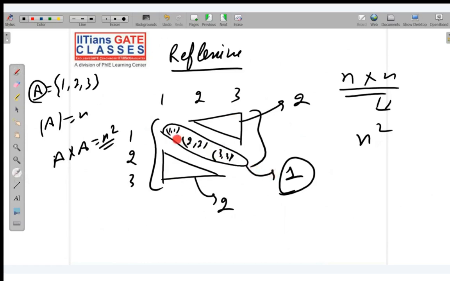These n have only one choice, and the rest of the elements have two choices: they can be present or absent, it hardly matters to me. So how many elements have two choices? n square minus n. So the answer is 2 power n square minus n. 2 multiplied by 2, n square minus n times, so 2 power (n square minus n). Any doubt?